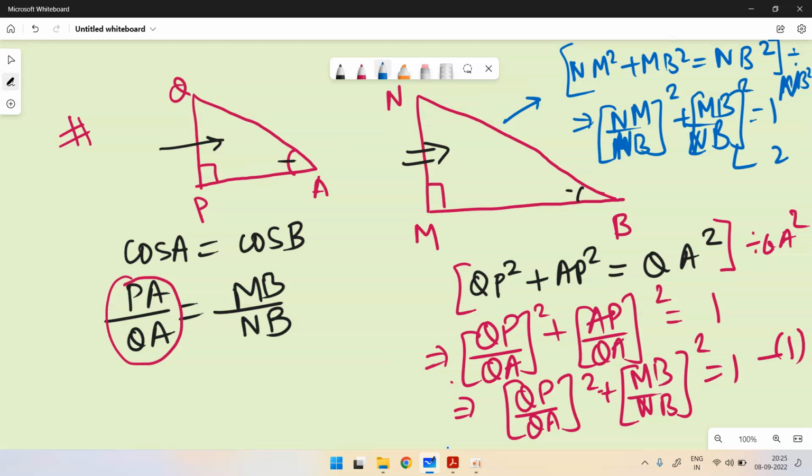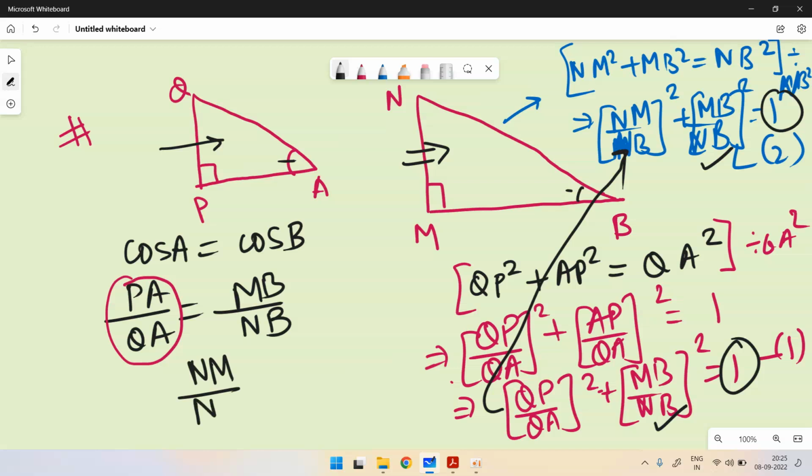This is my second equation. If you see the first and second equations, MB by NB is common, which implies that these two values will be equal.